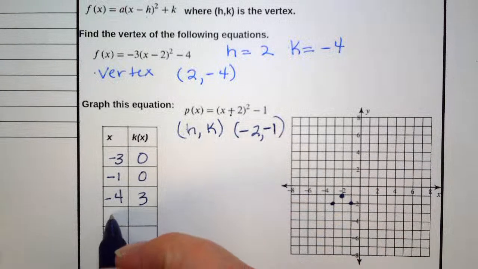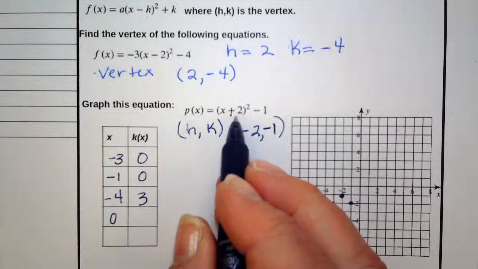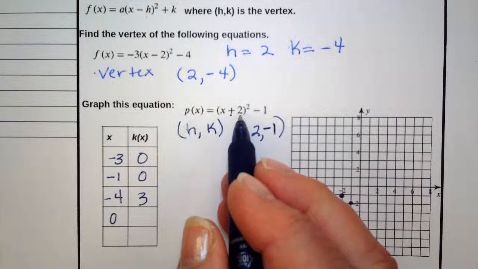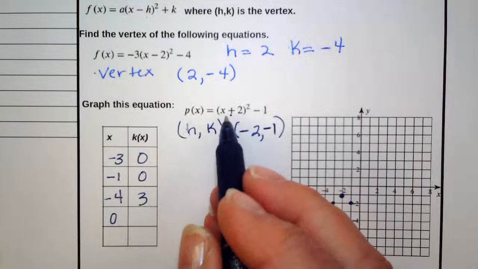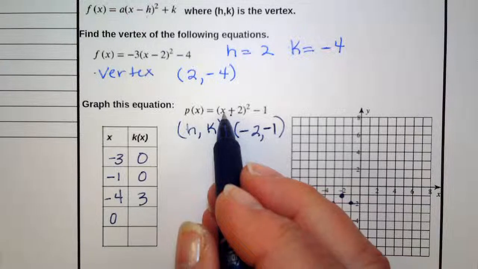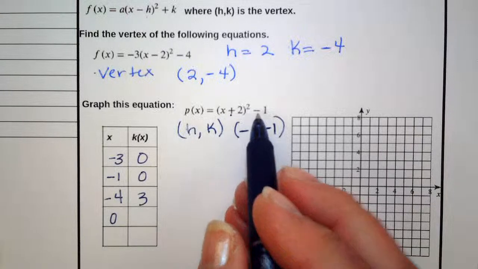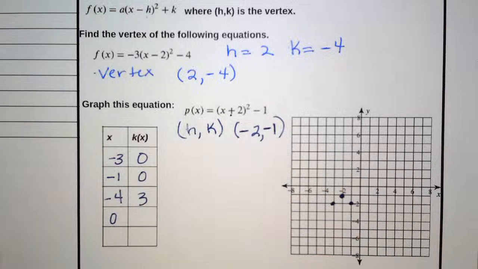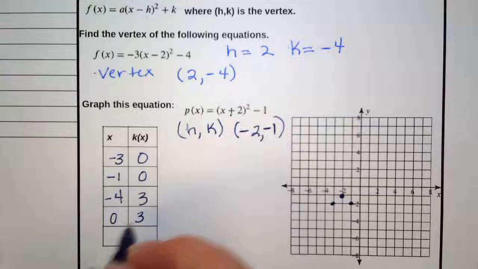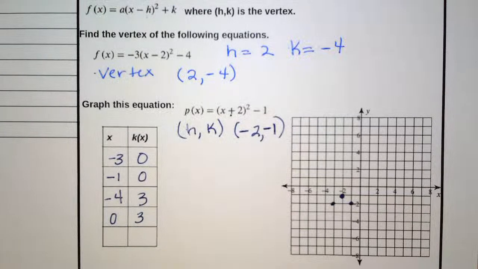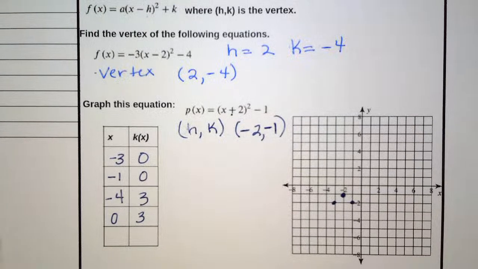Okay, if I do 0, 0 plus 2 is 2. 2 squared is 4. 4 minus 1 is 3. So, you allowed me to make a mistake. What is my mistake?